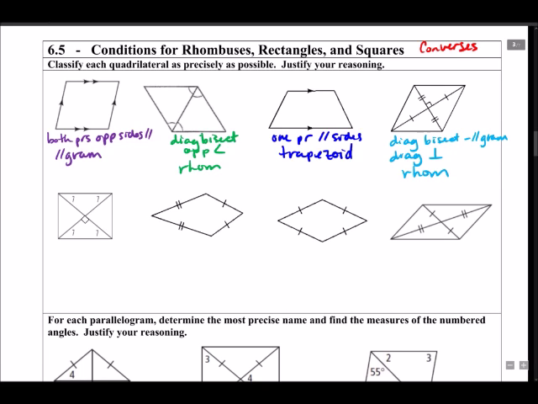All right, what do we have down here? Our diagonals bisect. Our diagonals are congruent. And let's see, diagonals bisecting, that's parallelogram, so that's good. Diagonals are congruent, right?